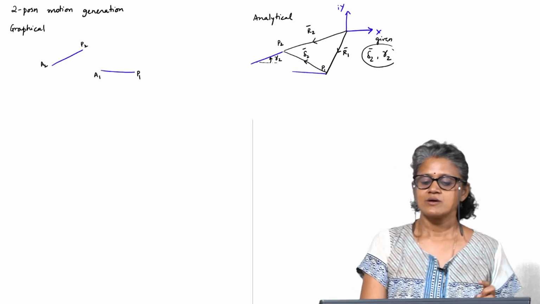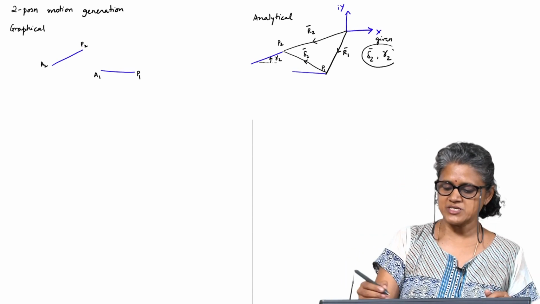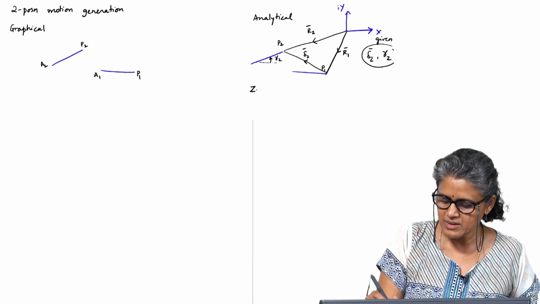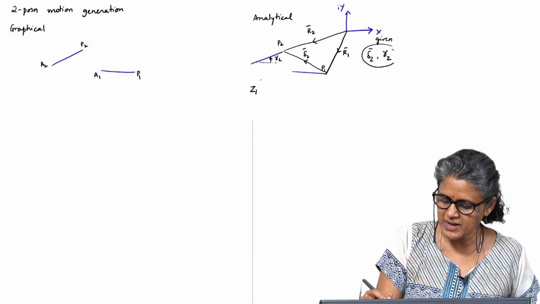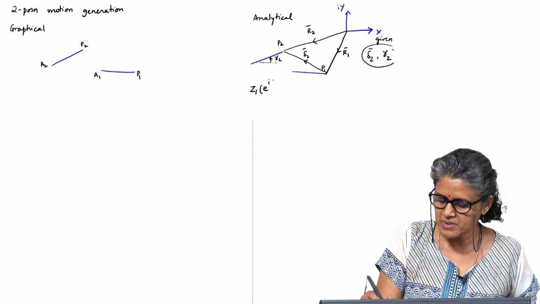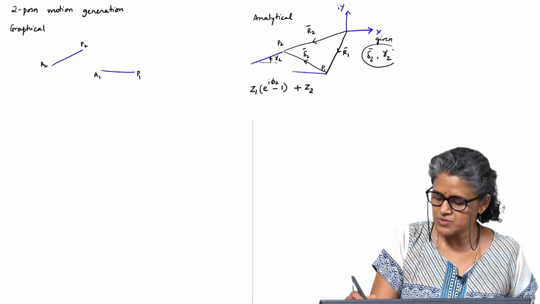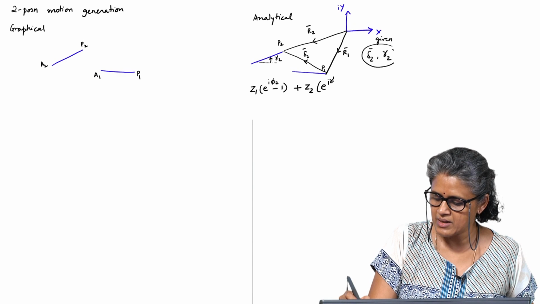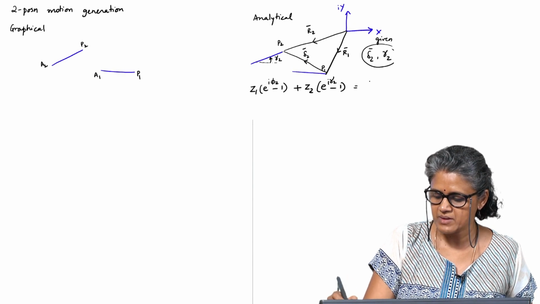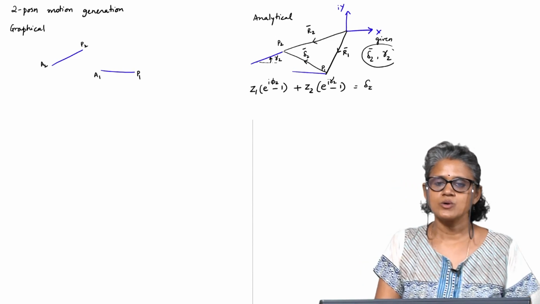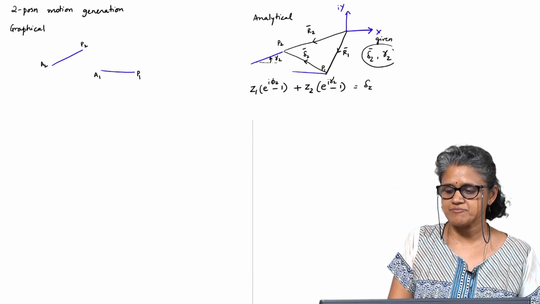So, the equation that I have here between the vectors I want to find is z1 e power i phi 2 minus 1 plus z2 e power i gamma 2 minus 1 equal to delta 2. For the 2 position problem, this is the only vector equation I have.